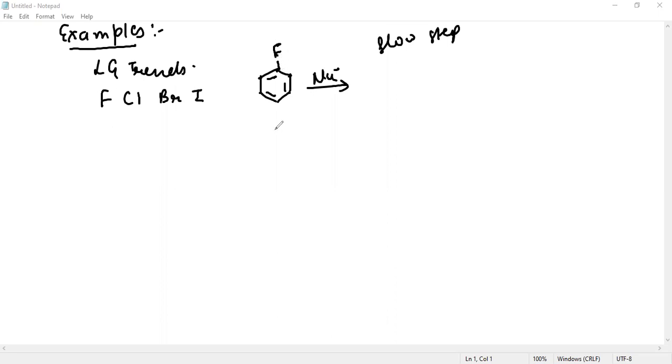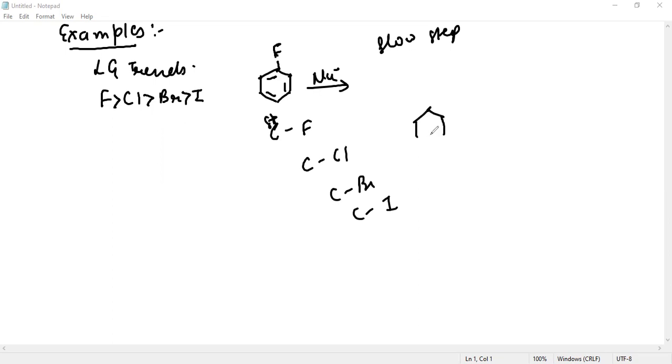And because the carbon fluorine bond is the most polarized bond as compared to carbon chlorine, carbon bromine, and carbon iodine bonds, the polarity of the bond is the most here, making this the most partially positive carbon, because the electronegativity of fluorine is the highest. So what would be the leaving group? Fluorine would act as the best leaving group as compared to chlorine, bromine, and iodine. So let's look into one example here.